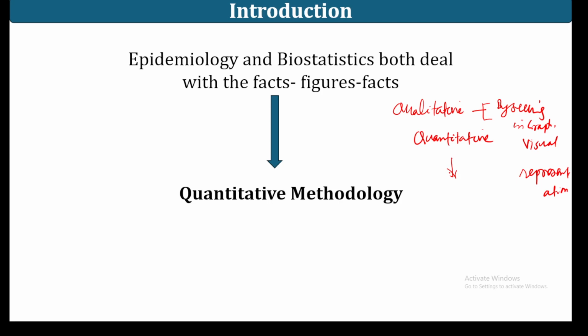In quantitative, we do whatever we do qualitatively plus in terms of number. For representation, we show graphs and some sort of visuals, and additionally we show how much change there is from one phase to the second phase, or third phase to first phase, so we say it in terms of number.